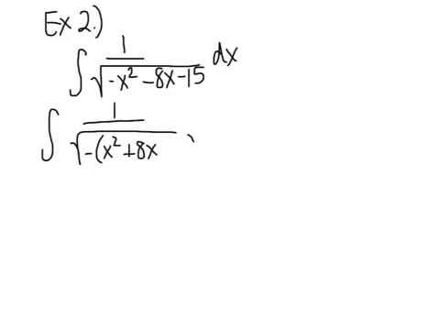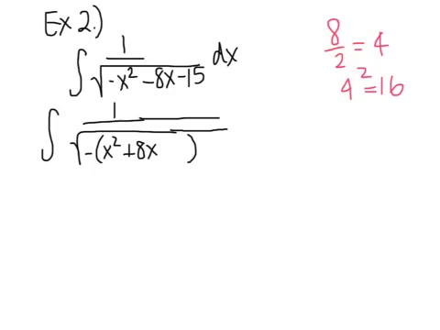And I'm going to figure out what we need to add in here for this to work. So half of 8 is 4. 4 squared is 16. So we would want to add 16. Well, that's the same as subtracting 16 with that minus in front.